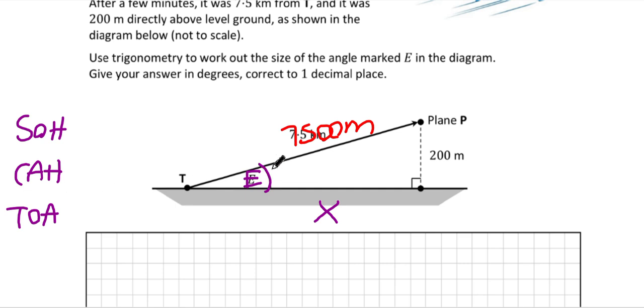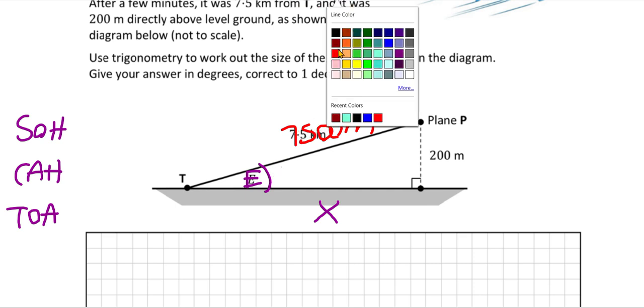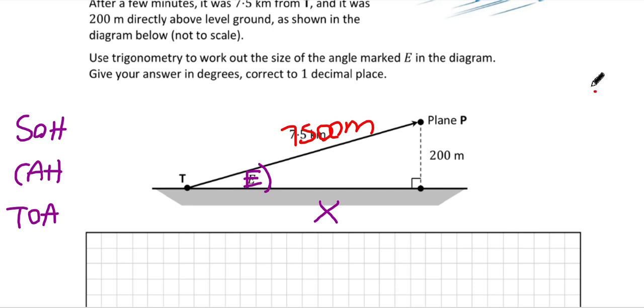Which one do you think I'm going to use and why? We're using SOH. Who said that? Okay. How did he figure out we're using SOH? I need somebody else to tell me. 7,500 is the hypotenuse.